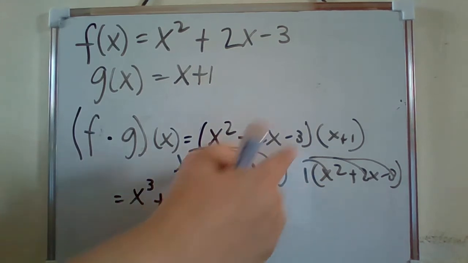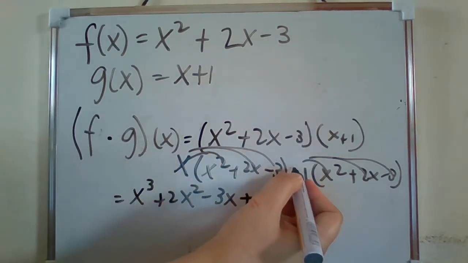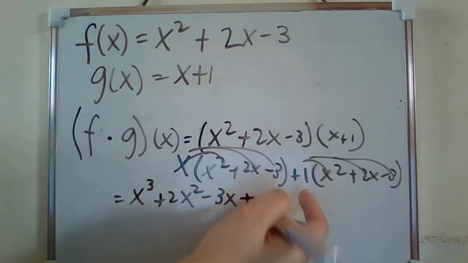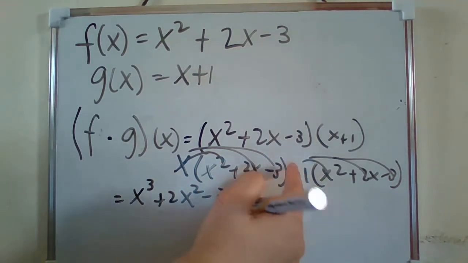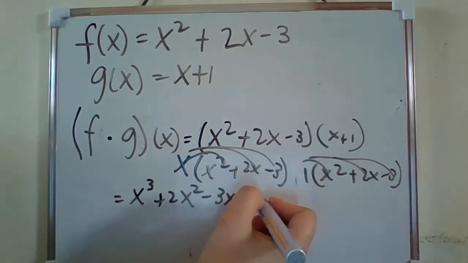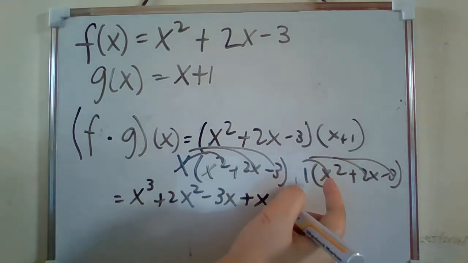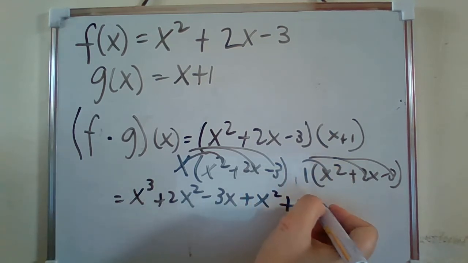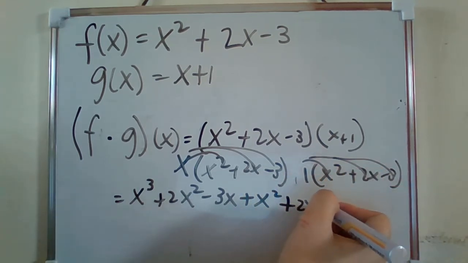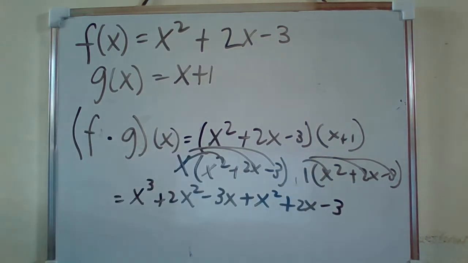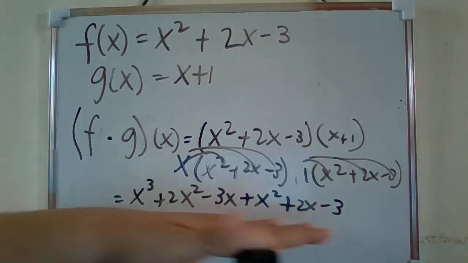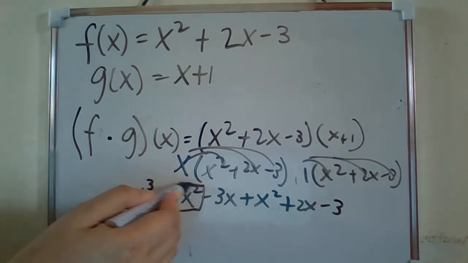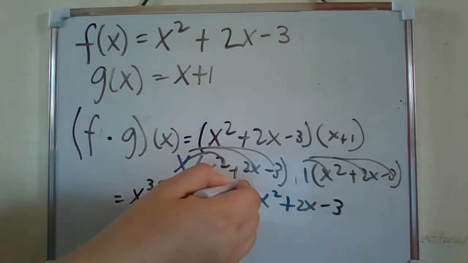Okay, dahil positive, so positive yan. Lagyan natin ng plus dito. Ayan, so, plus x squared plus 2x minus 3. Ayan. So, since we have this equation, then yung mga same terms, i-add or subtract natin.